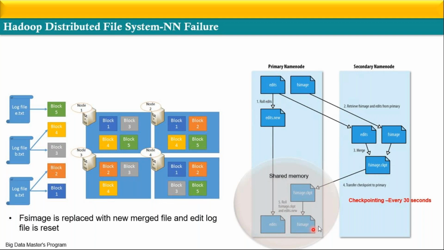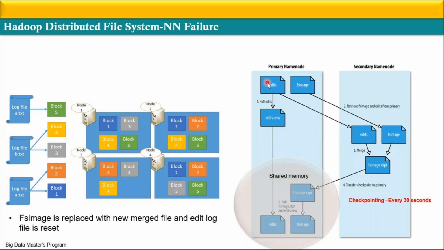With the help of these two files, if the master node, the name node, is down, then the secondary name node is going to take these files from the shared memory and perform the operation. So what exactly is there in these files, edit log and fs image?